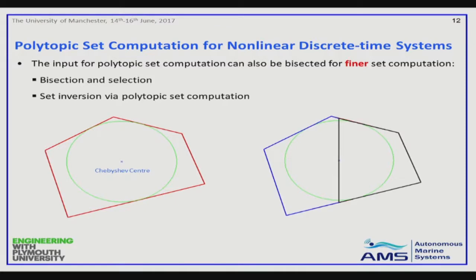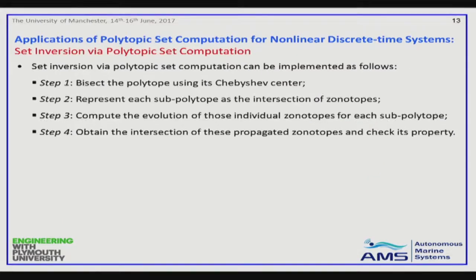Okay. So we bisect it. We have the left polytope and the right polytope. We use the Chebyshev center to get the bisected polytopes, and we can test the properties of the smaller polytopes. So that is your left and right polytope. And then we can develop this set inversion for polytopic set computation.